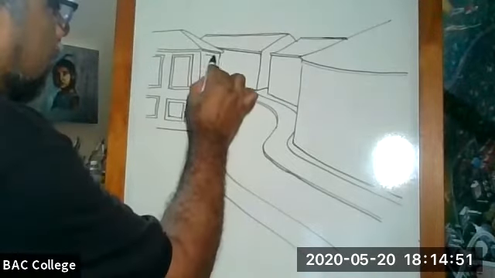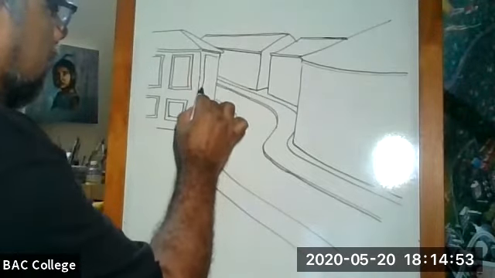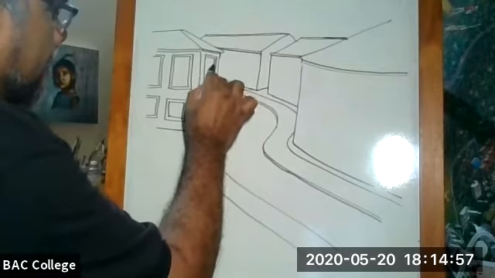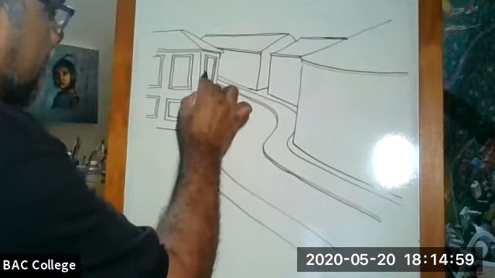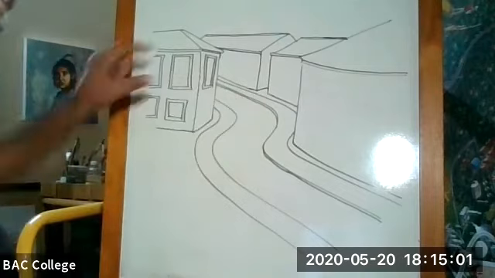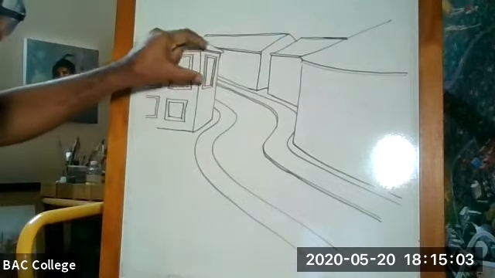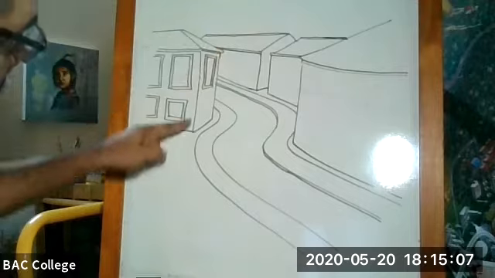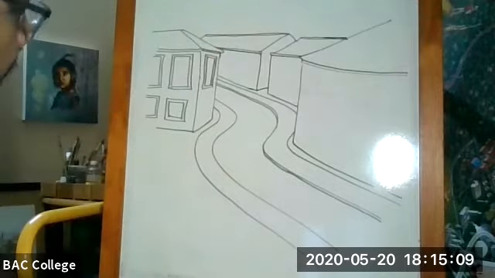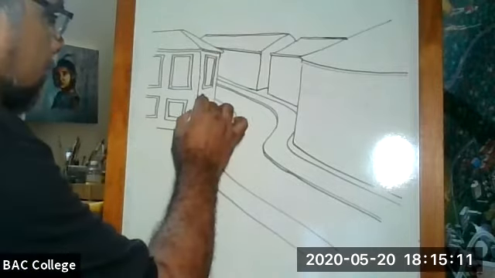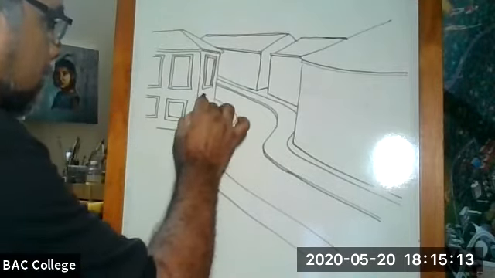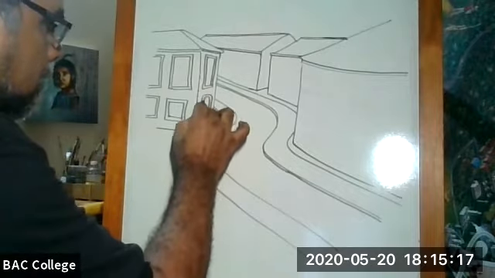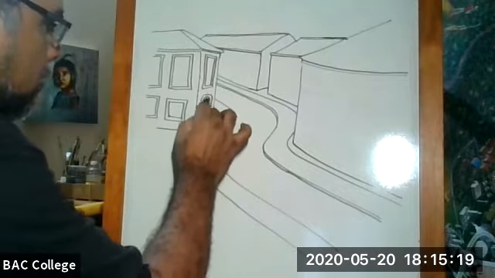Now when you draw this window here, you got to draw going in from out, it's going in to follow this roof, to follow this floor. Maybe you can draw a door here, like an arched door, like so.